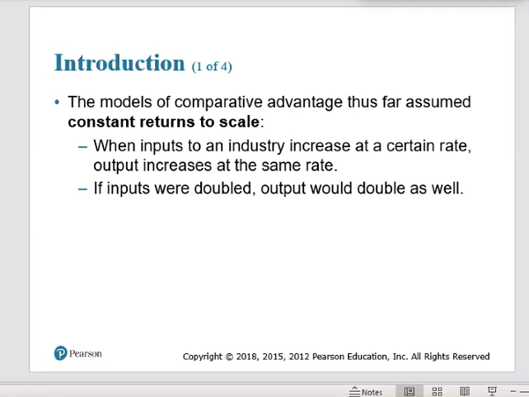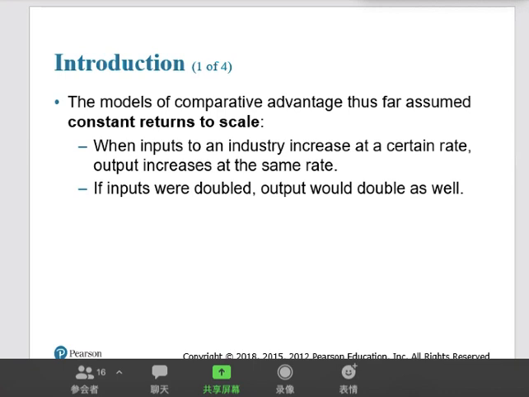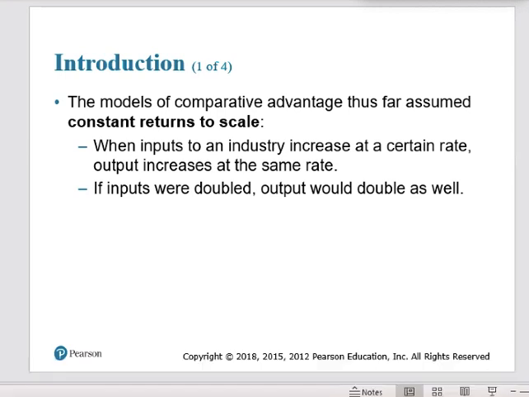Constant, scalable to the number of farmers you put on the field. One farmer produces this much, two farmers produce that much, it doubles, right? So constant returns to scale. But it may not be true for other industries, where the more workers you put in, the production output might be more than the input. It can be true for some industries, and we are going to look at that. When that happens, the analysis is going to be a little bit different.